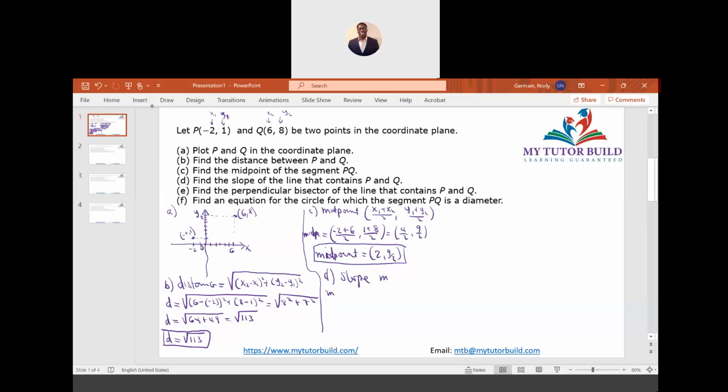The formula to find the slope is y2 minus y1 over x2 minus x1. y2 here is 8, y1 is 1, x2 is 6, and x1 is negative 2. So the slope would be 7 over 8.